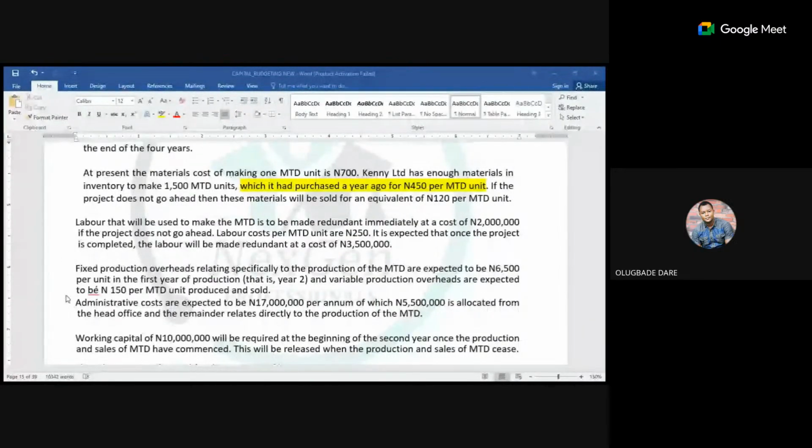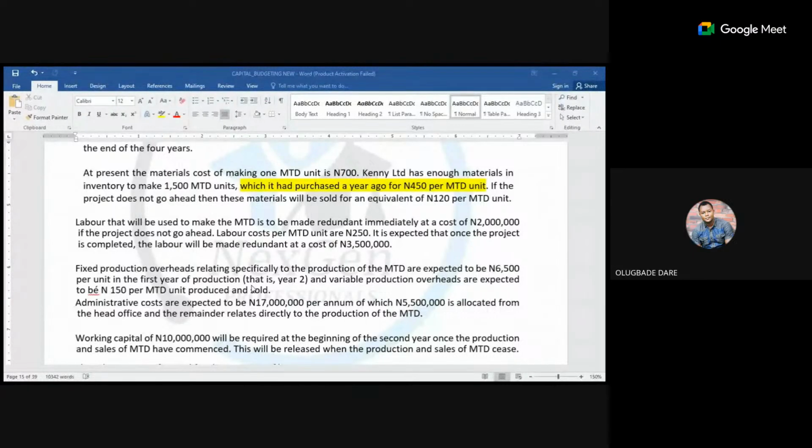I understood that it is a specific fixed cost of capital, and it should be relevant, and that's why we recognize it. But look at this now. They say fixed production overhead relating specifically to the production of MTD I expect to be 6,500 per unit. This per unit here, I don't know.